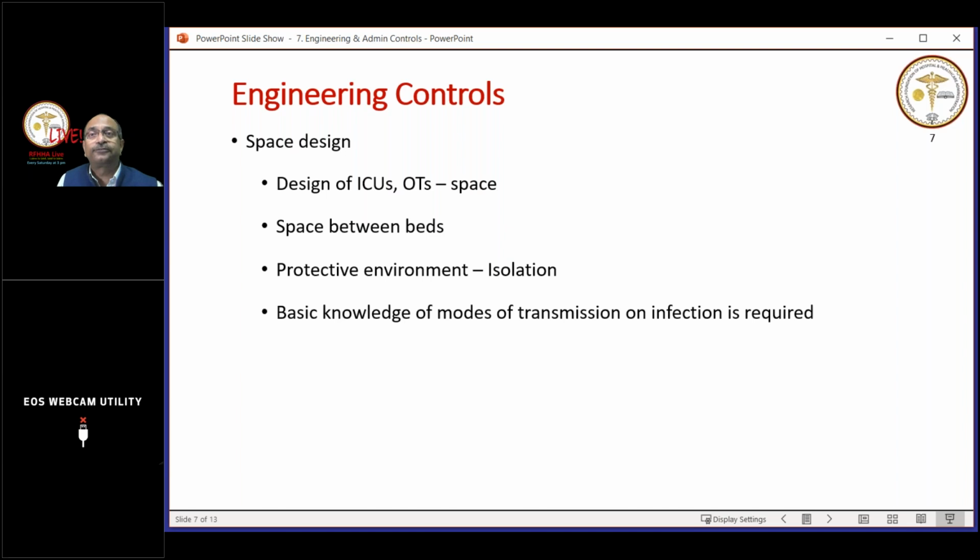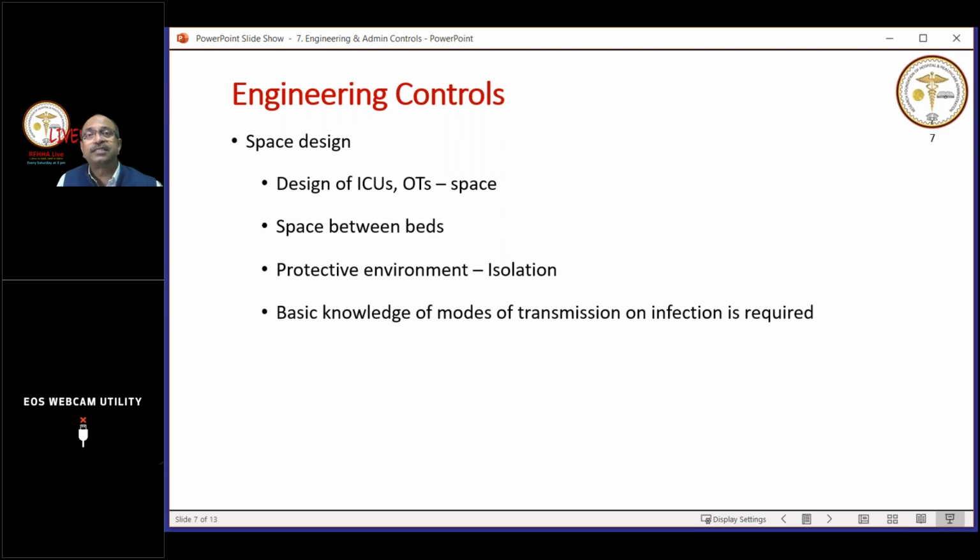Basic knowledge of the modes of transmission of infection is required when we are trying to establish the engineering controls. I think it is easy to understand this, because unless we know how the infection is spreading, we will not be able to create an engineering control to handle that.